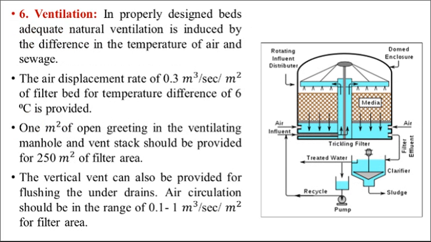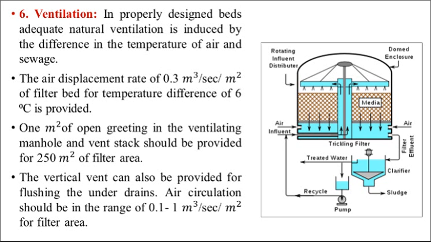Then next one, ventilation of trickling filter. Ventilation is very important. If proper ventilation is not there, then oxygen will not be sufficient for the aerobic bacteria. So proper ventilation arrangement should be provided for proper functioning of the trickling filter.